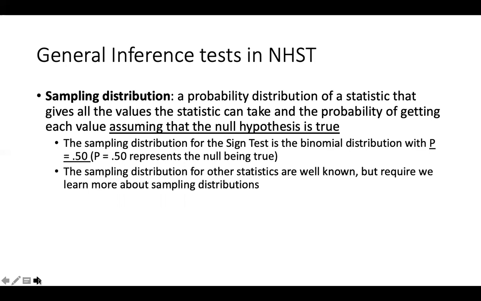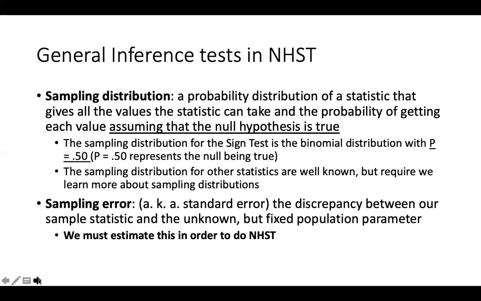Other sampling distributions are well known, but we need to learn a little bit more about their properties to understand them. The real important issue is that because a sampling distribution is a probability distribution, it has variability, right?